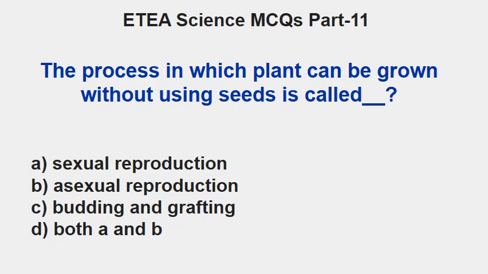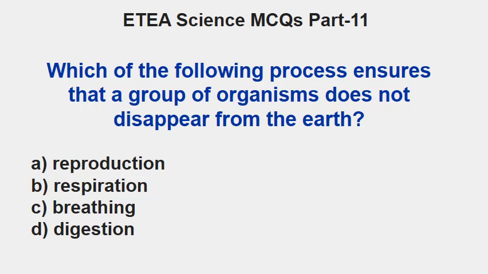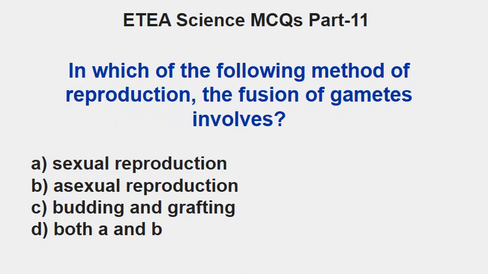The process in which plant can be grown without using seeds is called? Which of the following process ensures that a group of organisms does not disappear from the earth? In which of the following method of reproduction, the fusion of gametes involves?